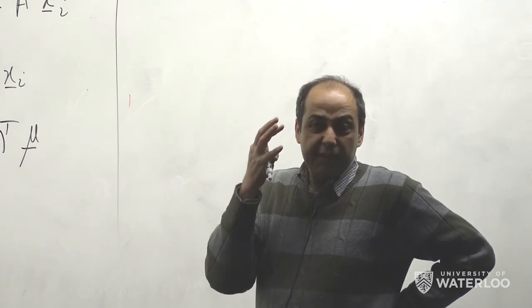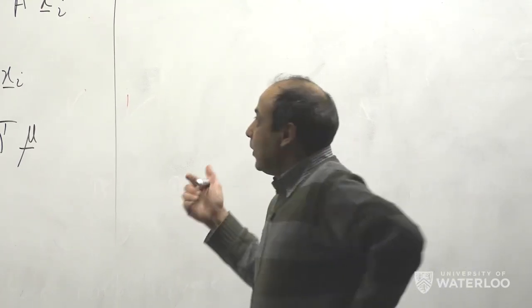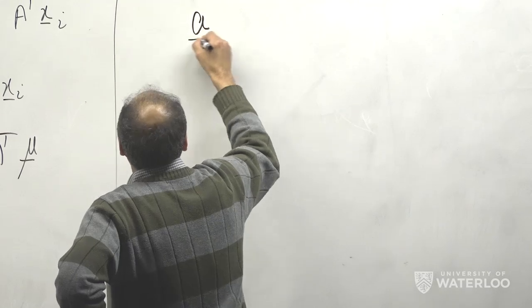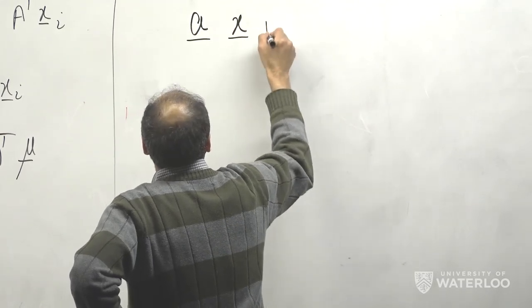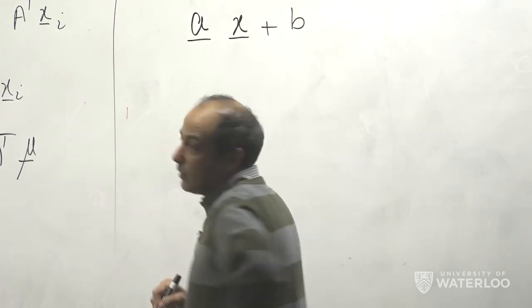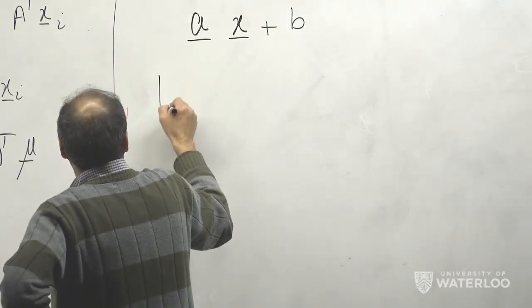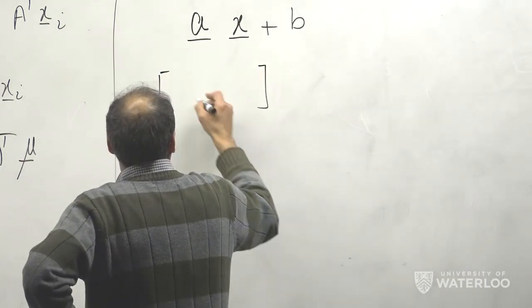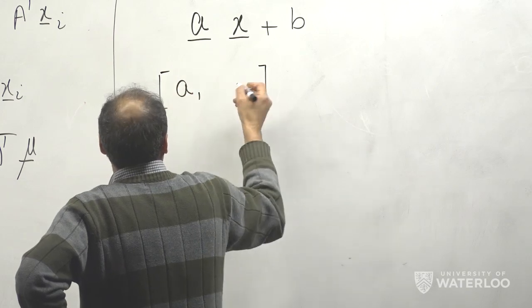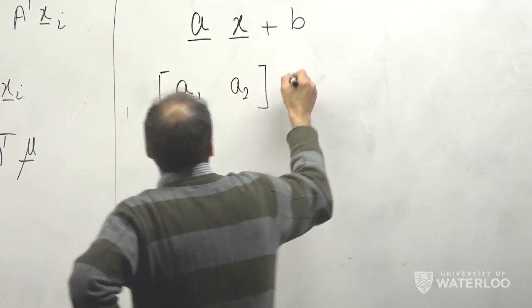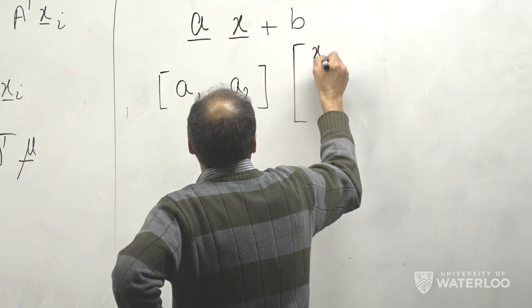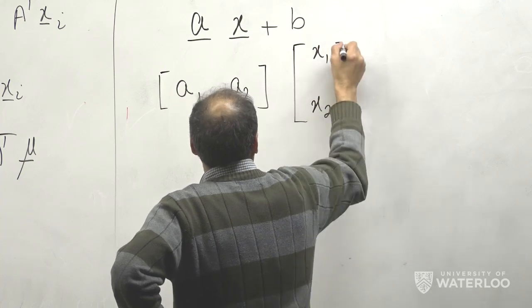It's actually a pretty simple trick. When you have a linear function of this form, a is a vector, say for example a = [a1, a2], and x is [x1, x2].